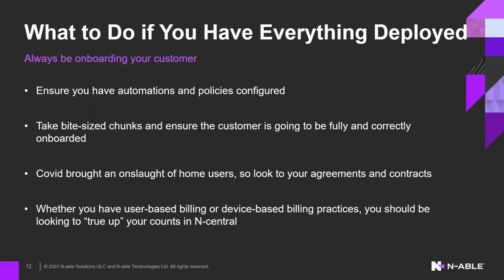Whether you have user-based billing or device-based billing, you should be looking to true up your accounts in N-central. We used to do that with our VCIO and our account manager every quarter, right? The quarterly business review was always around a true up from our side of the business as well. How many devices? How many users? Let's put it all together and make sure that they align to the contract.